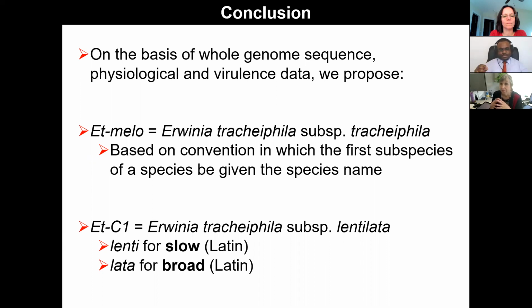Because of that, that's where the word broad came from. Then lenti is from the fact that these strains are slower growing than the Et-melo strains. So that's where the slow and the broad came from.